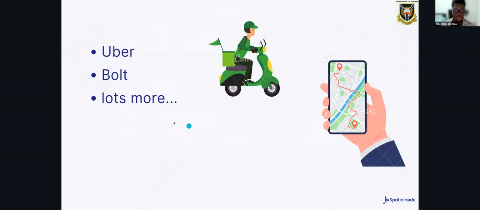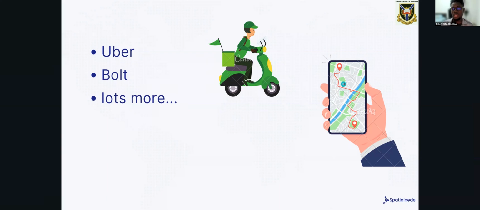And then there are lots more. Uber, for example, uses GIS heavily. Bolt uses GIS heavily. In fact, with the Bolt guys, there was a time I was informed that they specifically hired a team of GIS personnel in Nigeria to help them improve their platform, because they were using Google Maps before for their geocoding system.